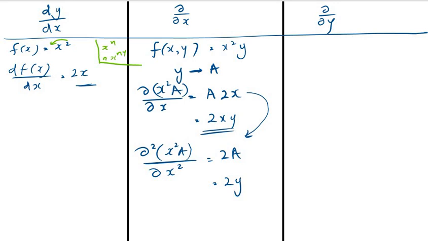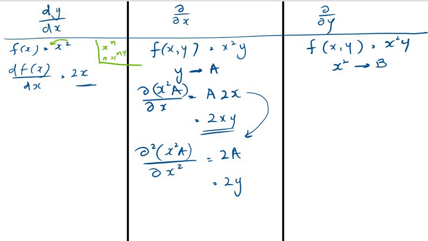So here we want to do the derivative with respect to y. So we write the same function, f(x, y) equals x squared y. And now since we want to differentiate with respect to y, we keep x constant. So we take the entire x squared and we call that b as a constant.